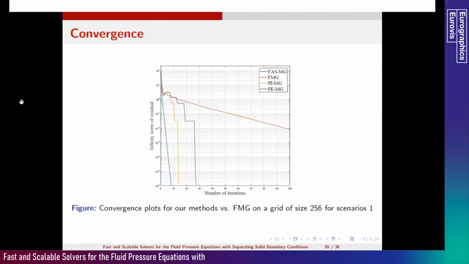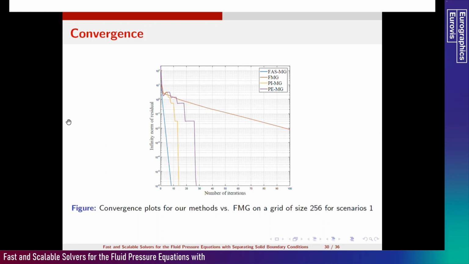We compare the convergence behavior for multigrid solvers: the FASMG, the polarization and the penalty method with multigrid, and the FMG. We present the residual versus the number of iterations for each scenario.